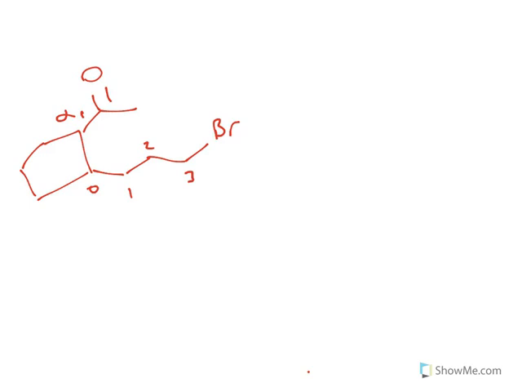And what do we need for thermodynamic conditions? Well, we could use NaH at room temperature. We saw that just today. So we're going to form the thermodynamic enolate here.